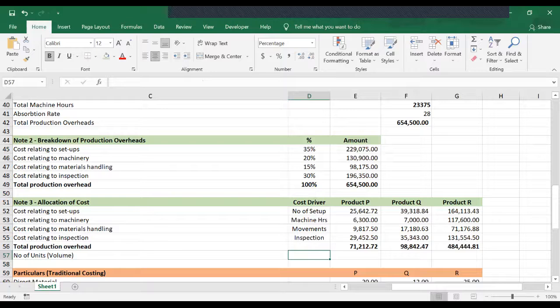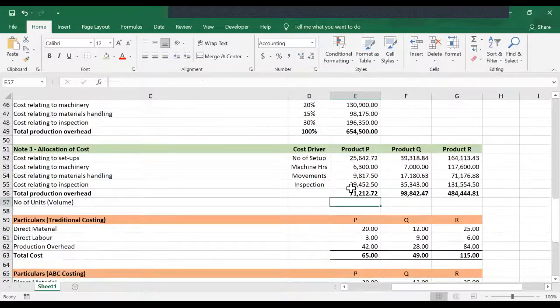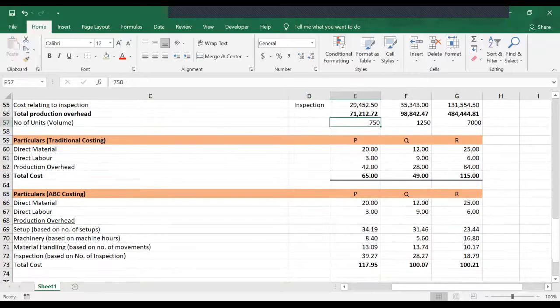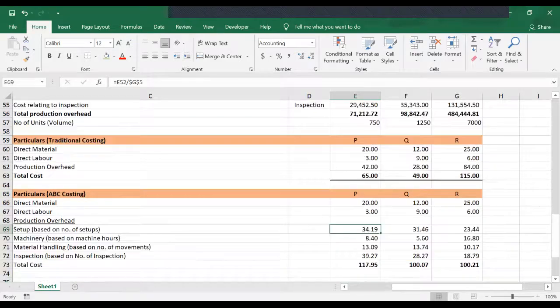We know this is 750, 1250 and 7,000. Each cost will be allocated on the basis of 750 and these units. That's what I've done: this one divided by 750, this one divided by 1250, this one divided by 7,000, and so on.